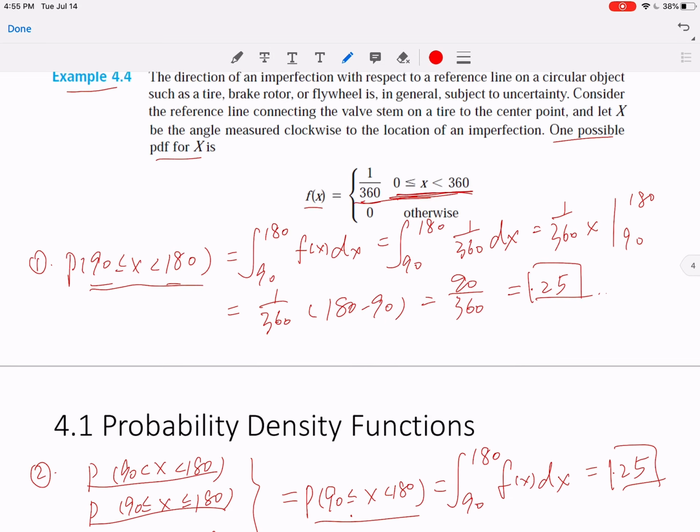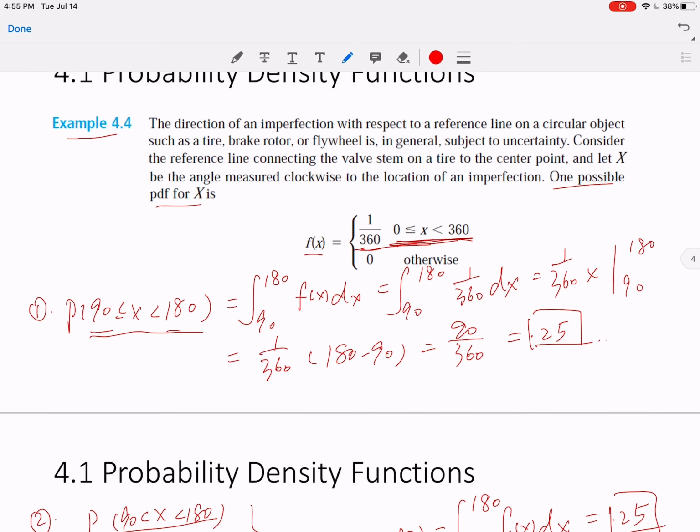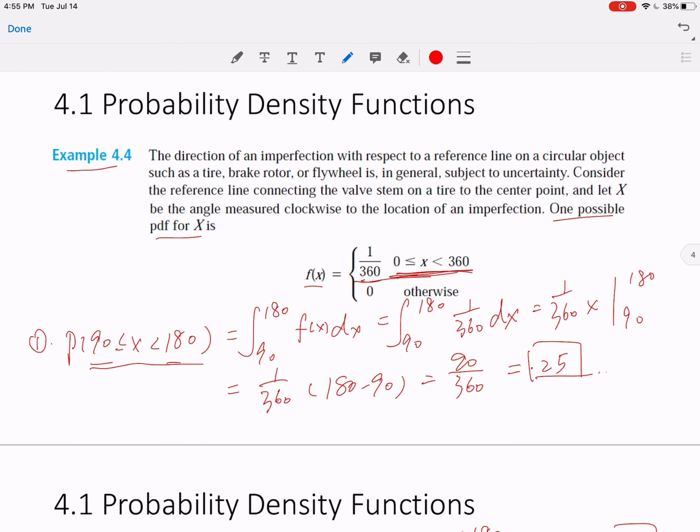Before we move to the next definition, I would like to take a look at the graph of this function here. So if we want to graph this function f of x, first of all, the possible values of x start from 0. This is x and this is f of x, okay?